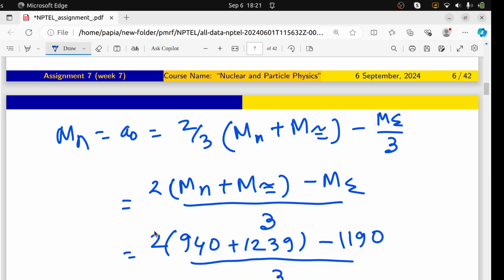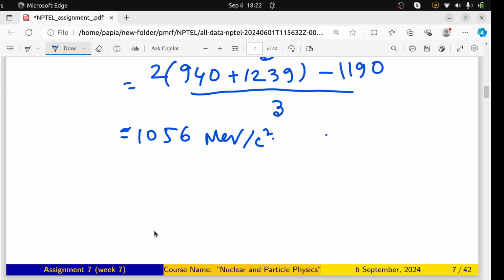Actually we did not derive A1 and A2, because for M lambda we checked that it is simply the value of A0. So we calculated A0, and from that we got the expression for M lambda in terms of Mn, M cascade and M sigma.